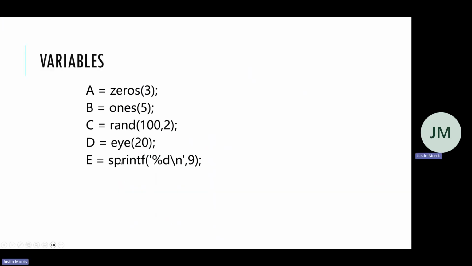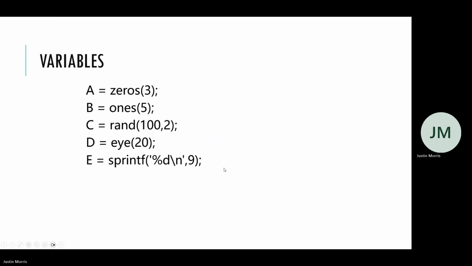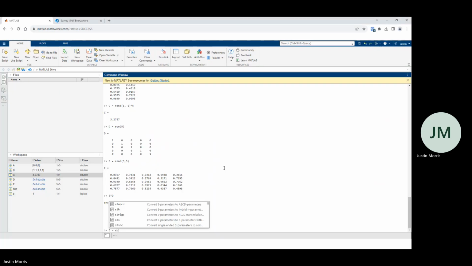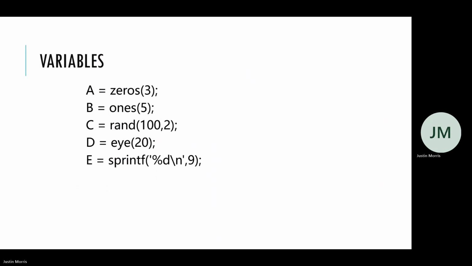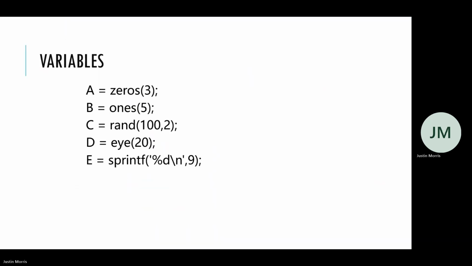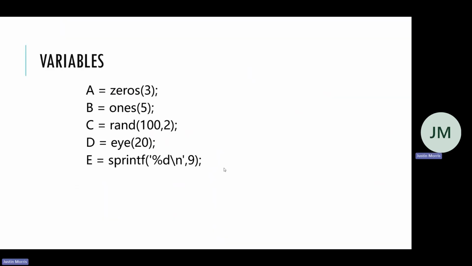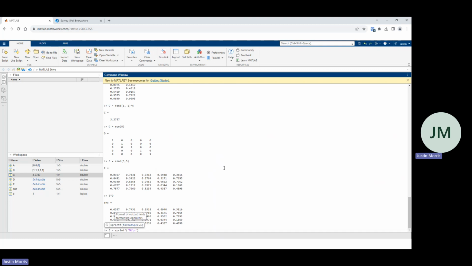And then here, this is just you can print commands. Let's see. We want a decimal and an end line, and then the number 9.